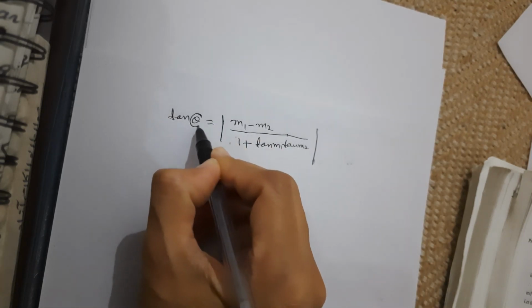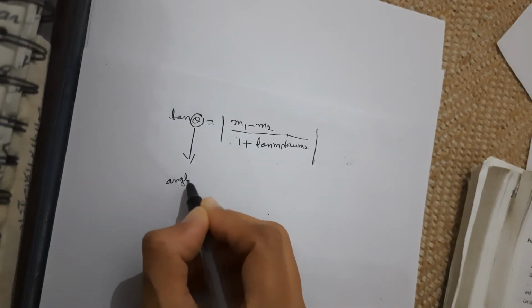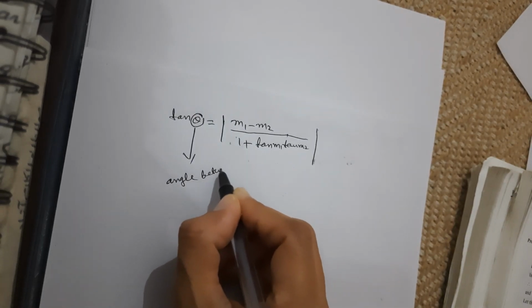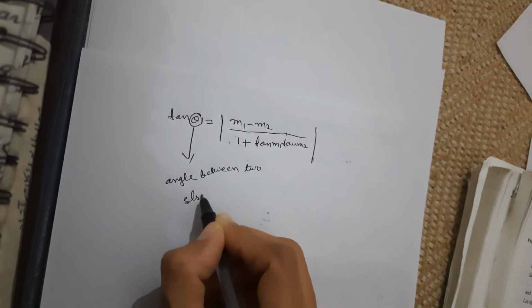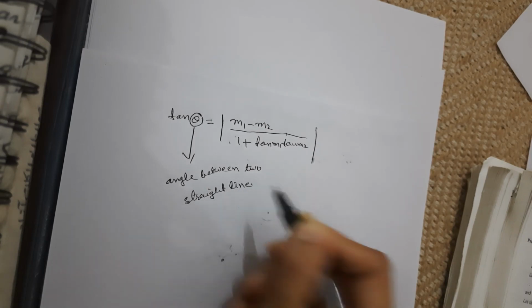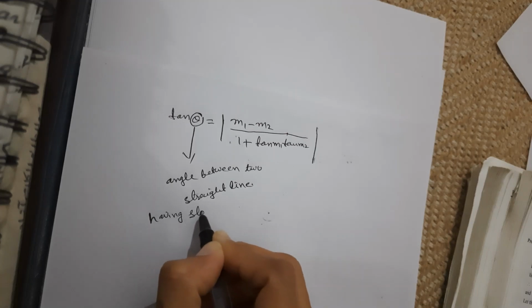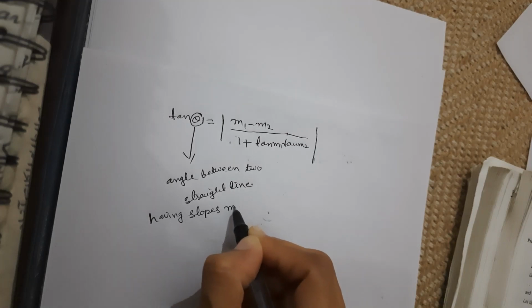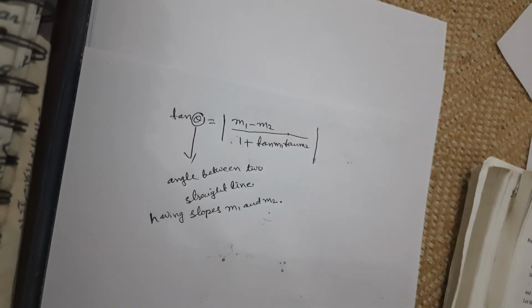And this is nothing but the angle between two straight lines having slopes M1 and M2.